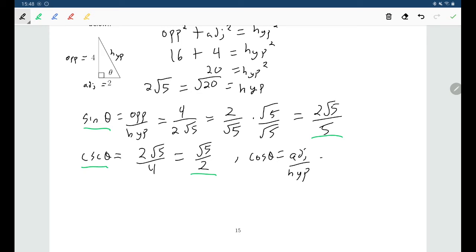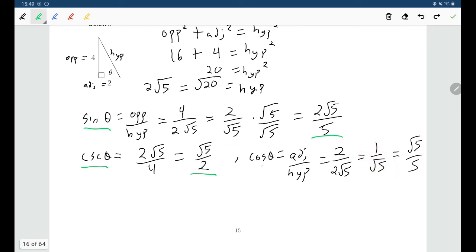The adjacent measures 2, and the hypotenuse measures 2 root 5. That's 1 over root 5, which, once we've rationalized our denominator, would be root 5 over 5. So taking this, multiplying top and bottom by root 5 over root 5, you've got now root 5 over 5.